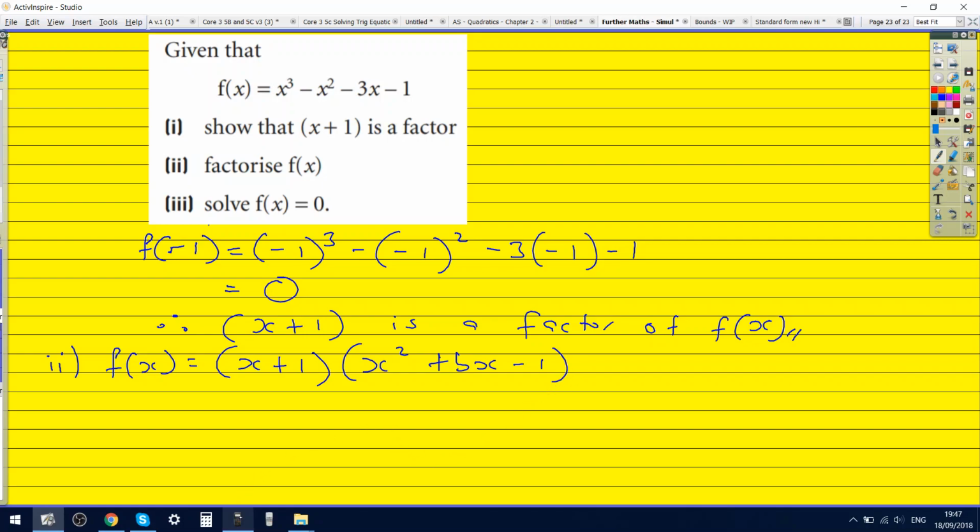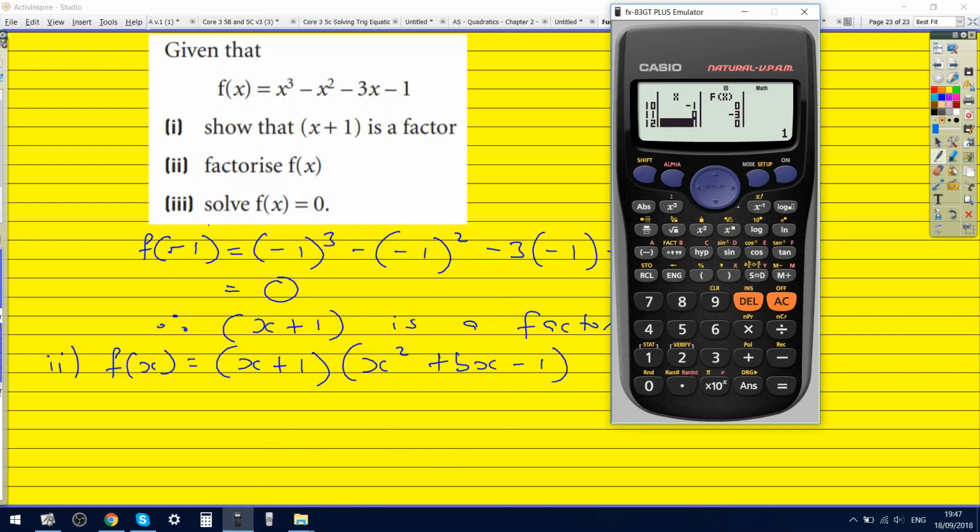Let's use the table of values now. So if we press AC, you can probably just edit what you already have. Do we want the x cubed for the top?